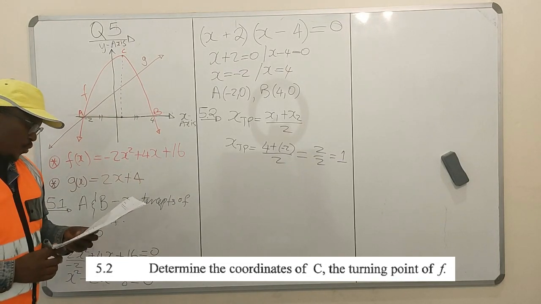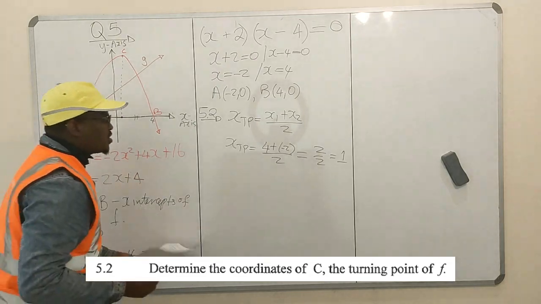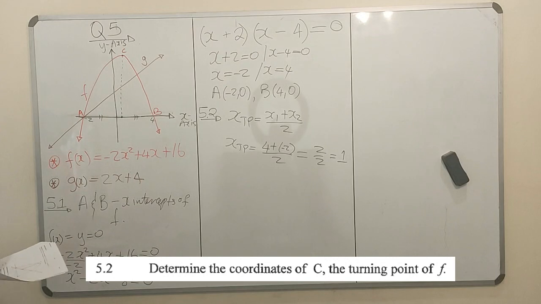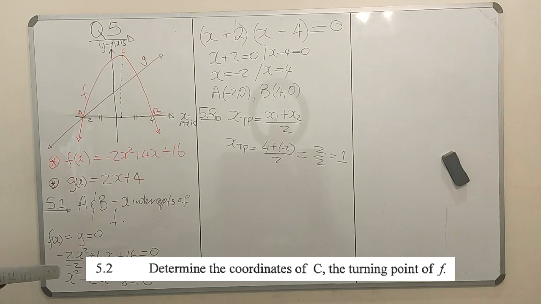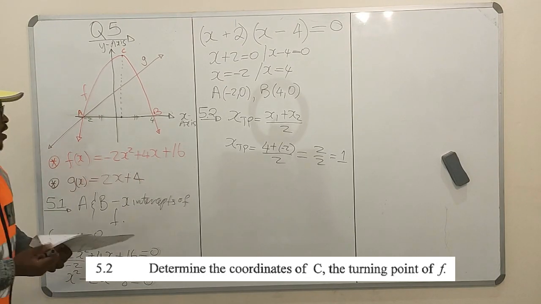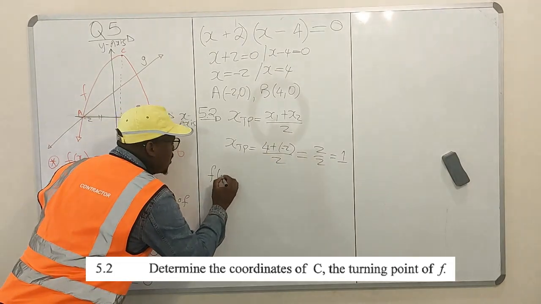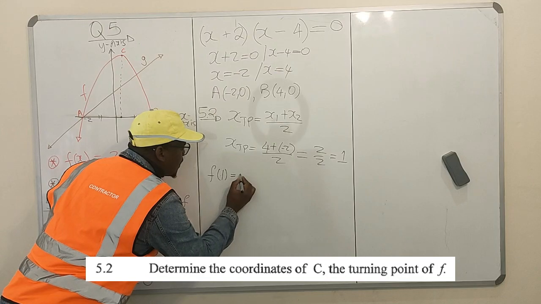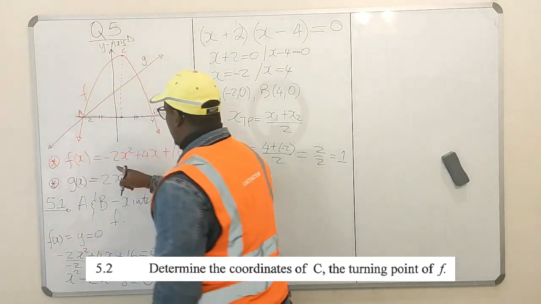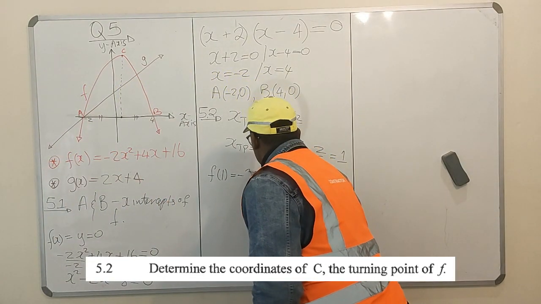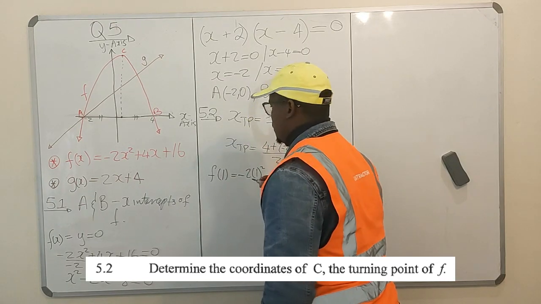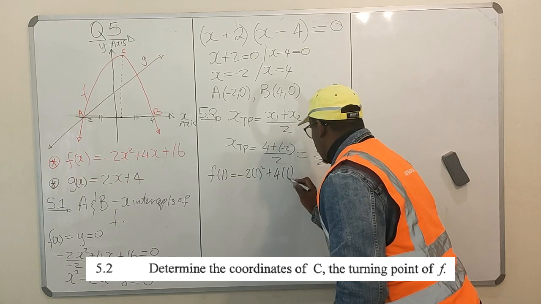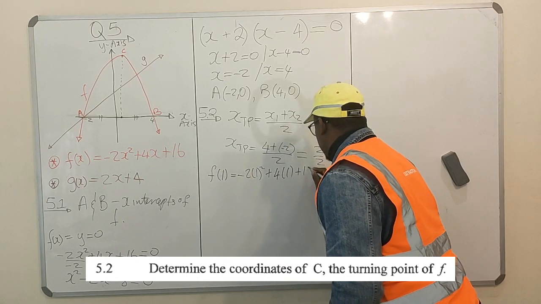What do you want now? We want the corresponding y value. To get it, you substitute the x coordinate into the original equation. So we want f at 1. f at 1 is equal to negative 2 into 1 squared plus 4 into 1 plus 16.